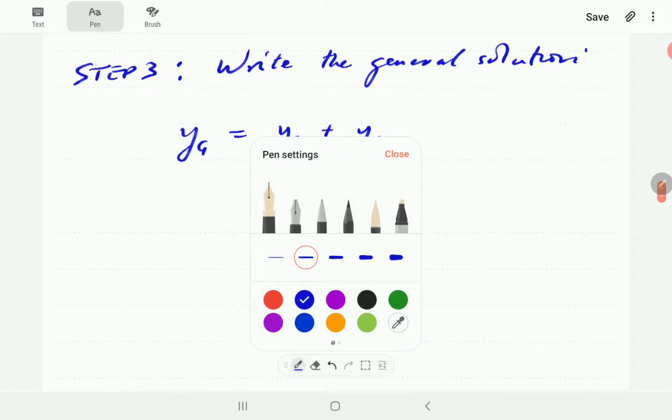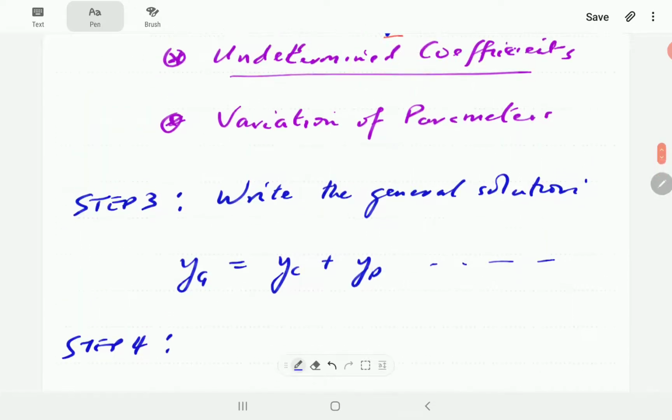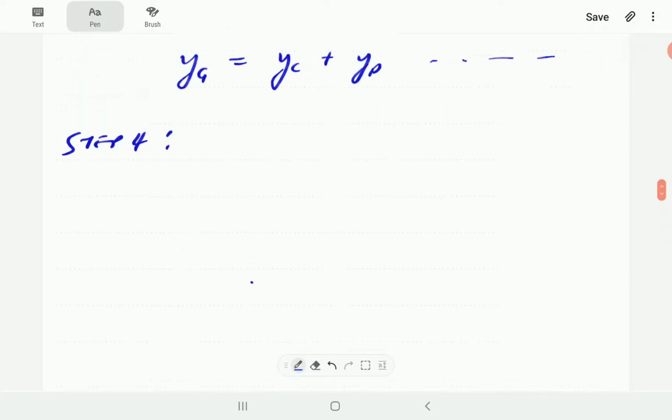Then the final step, which is only going to be applicable if boundary or initial conditions are given, is going to be step 4. So let's call this one equation number 3.